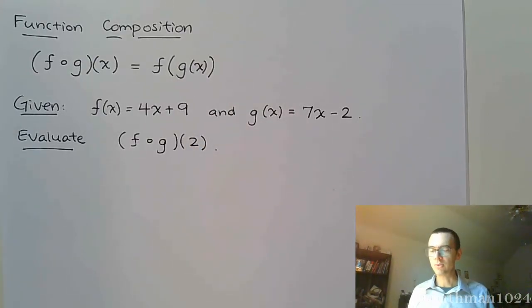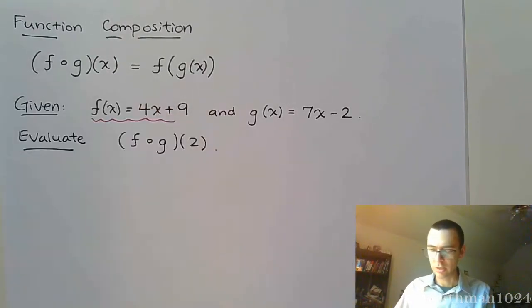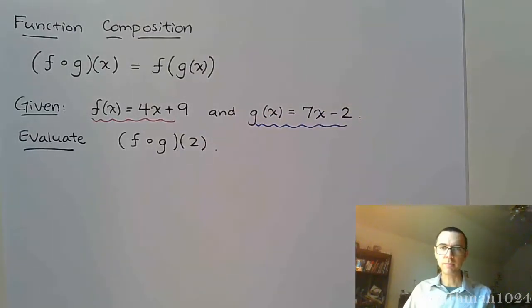Let's find f of g of 2. Now, you know me, I'm going to go back to color coordinating things. So pink is going to be for f, blue is going to be for g.